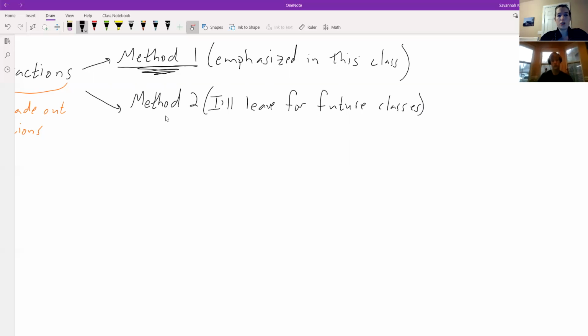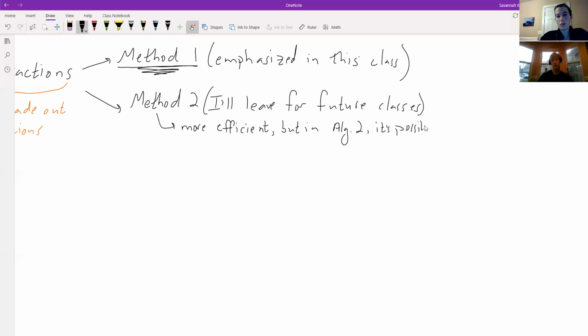So method 2, this one is actually more efficient. And as you go higher into math, like in, I don't know, college level algebra, you'll see it more often. But at this level, algebra 2, it's possibly more confusing.